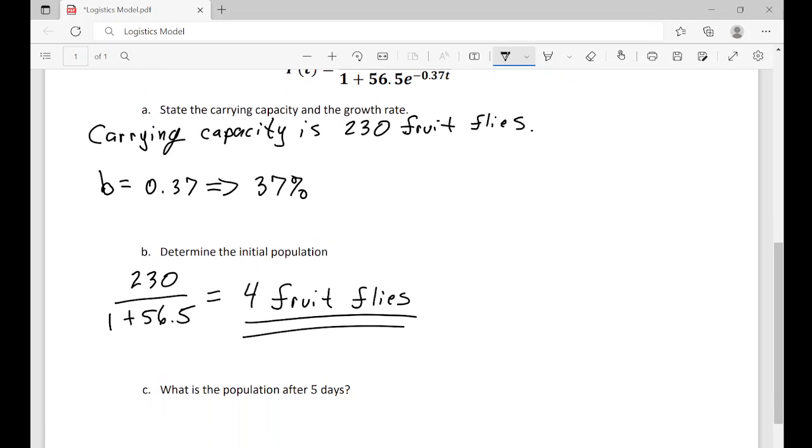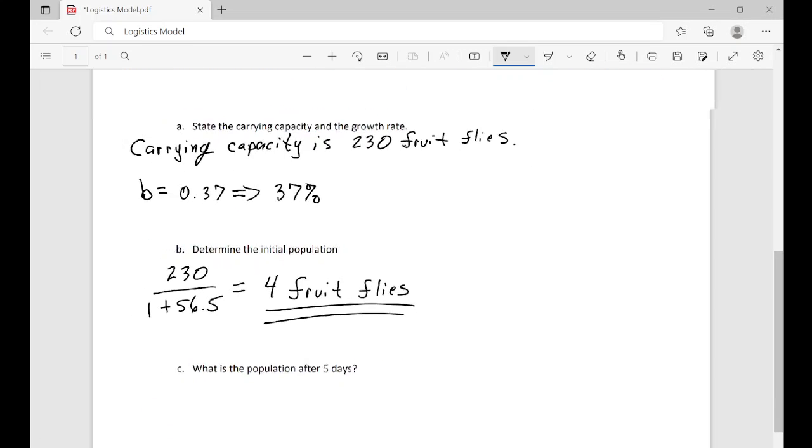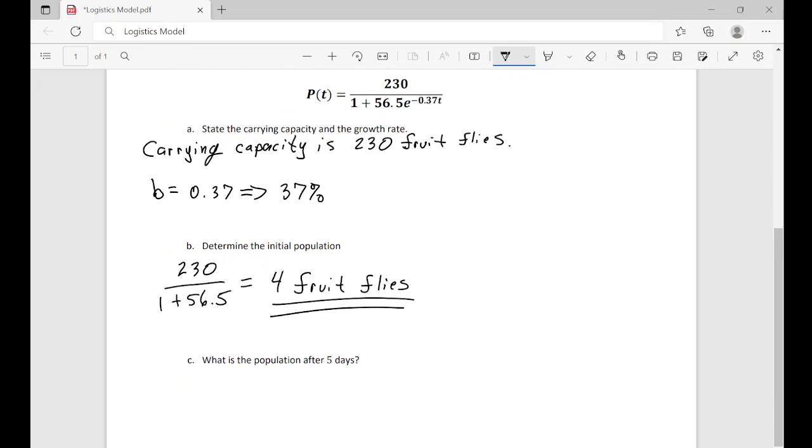And what is the population after 5 days? Well, we just take our function here and plug 5 in for t. So zoom out a little bit so we can see it. We're going to have P of 5 equals 230 divided by 1 plus 56.5 e to the negative 0.37 times 5.